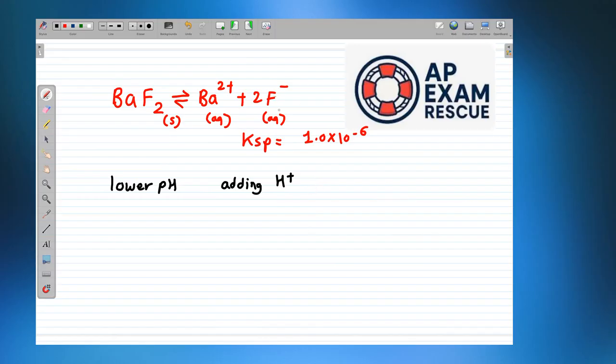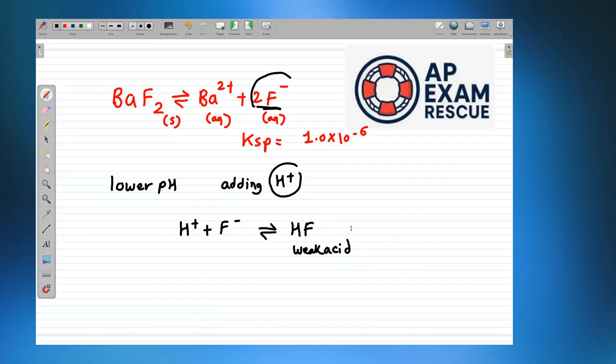The H plus will take the F minus ions and make HF, which is a weak acid, right? So the H plus that I added externally reacts with this F minus to form HF. So this means that the H plus removes the F minus ions.